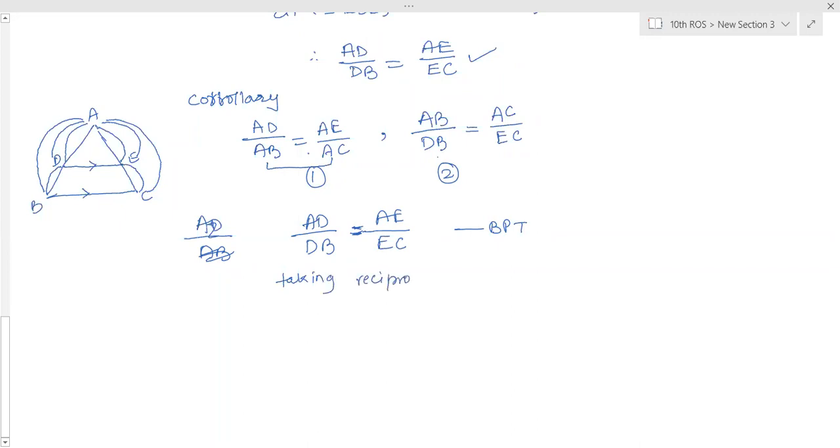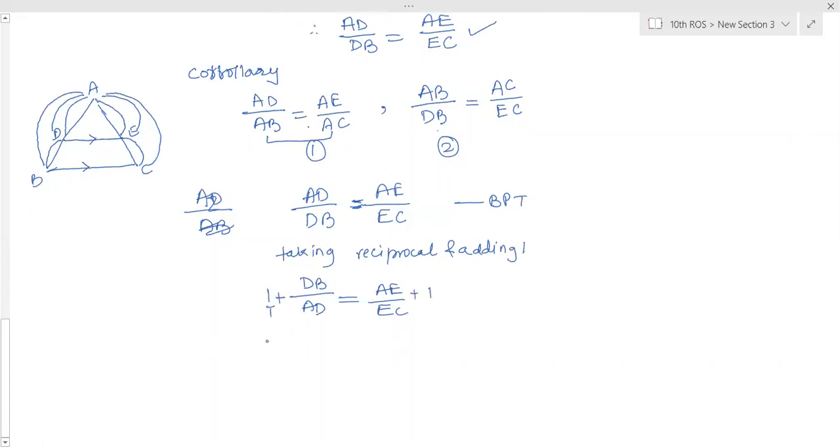Taking reciprocal, it will be DB by AD is equal to EC by AE, and adding 1 in both the sides. So here we have to add 1, here we have to add 1. Why are we doing this? Because after adding, the numerator will change. Take the LCM.